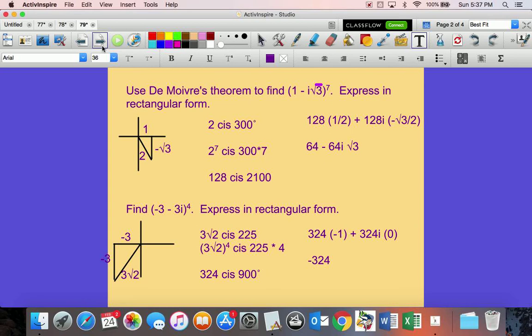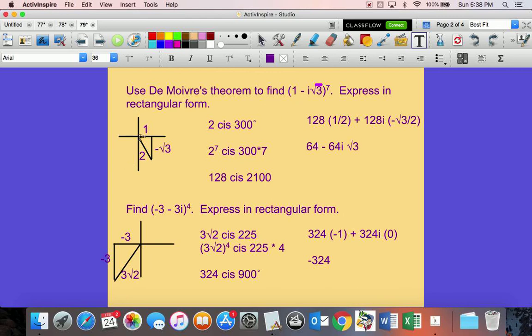All right, for the next one, a little bit more complicated. Now we do have to use De Moivre's theorem to find 1 minus i square root of 3 to the 7th power, and then we have to express it in rectangular form. To use De Moivre's theorem, first we have to put it into that CIS format. So for this 1 minus i square root of 3, we have to graph that out. You guys know this, the x-axis is our real axis, our y-axis is our imaginary axis.